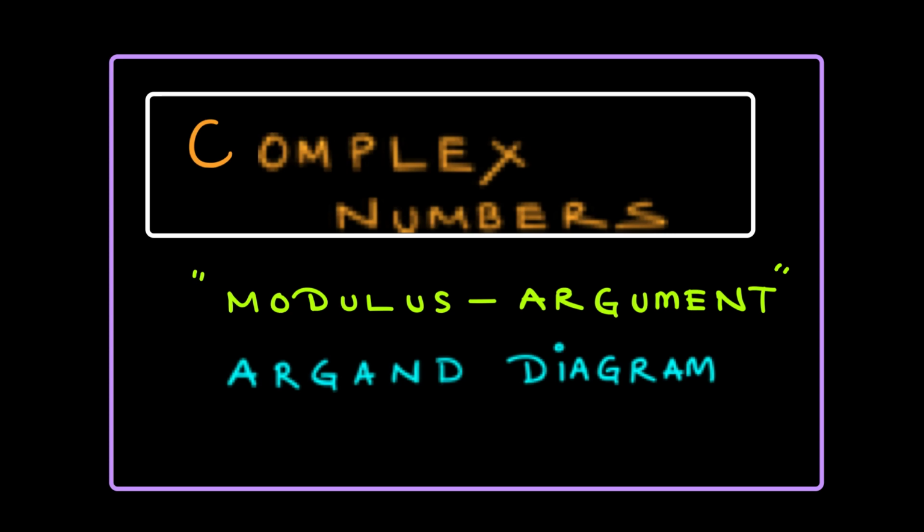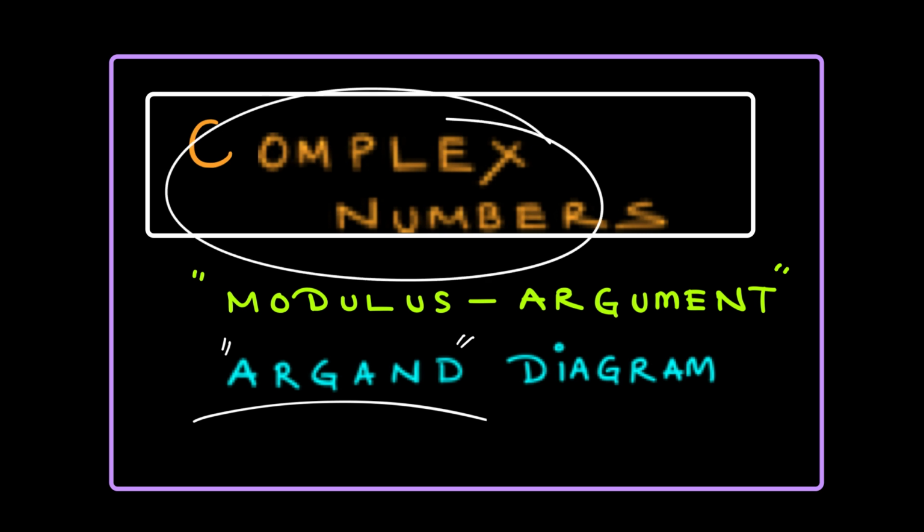In this video, we will study what is an Argand diagram and how is it linked to complex numbers. We know that a normal grid is labeled as x-axis, y-axis, and this is known as the Cartesian plane.